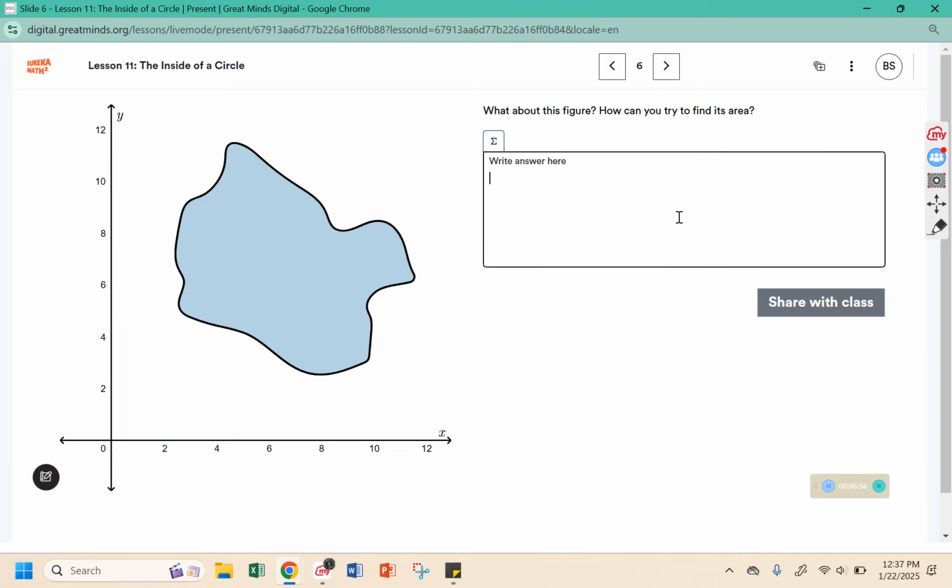We could start by creating a grid system and counting the squares that are inside of it. Then we would piece together the partial squares to form whole squares and count those.